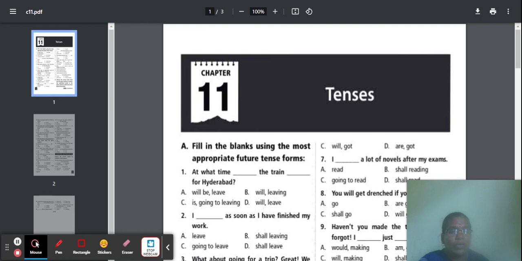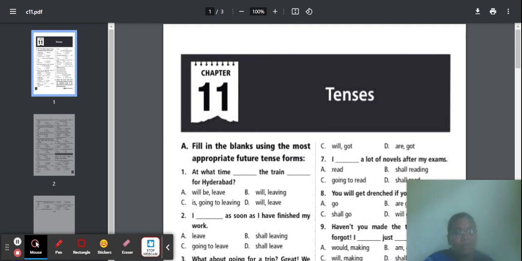I drove a car, we drove a car, you drove a car. Second person plural, you drove a car. Third person singular, he drove a car, she drove a car, it drove a car. Plural, they drove a car. So in all persons, singular and plural, we should use the second form only. No special thing here.